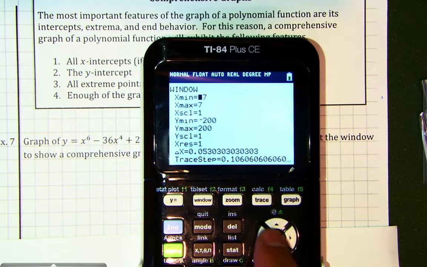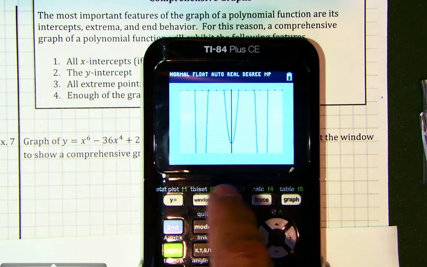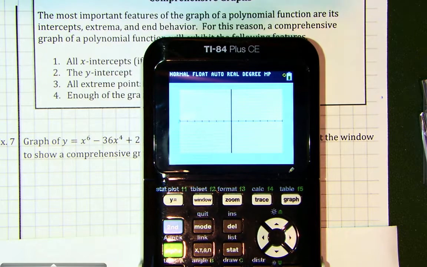Oh, I can't do this until it finishes. So did you get it? At this point, you should be able to see it, right? So let's go back to window. That's still not good enough. That one's fine, right? I can see the y-intercept.